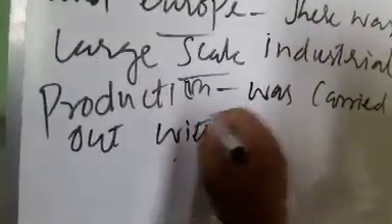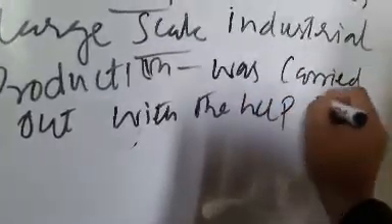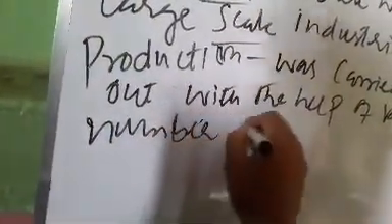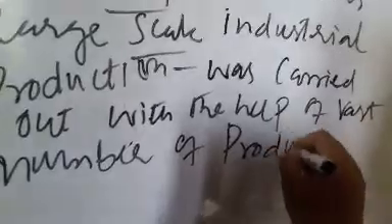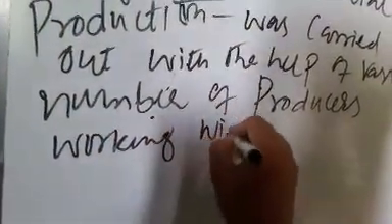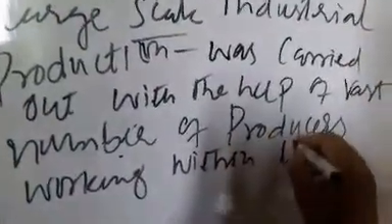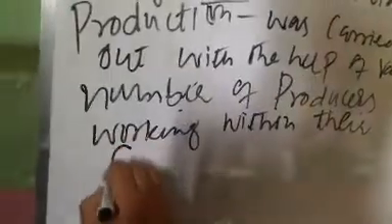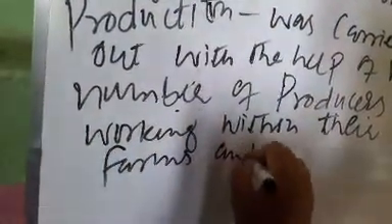This large scale industrial production was carried out with the help of a vast number of producers, and these producers were working within their farms and not in factories.